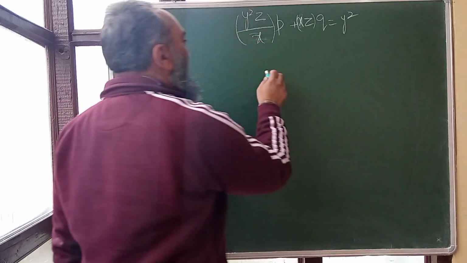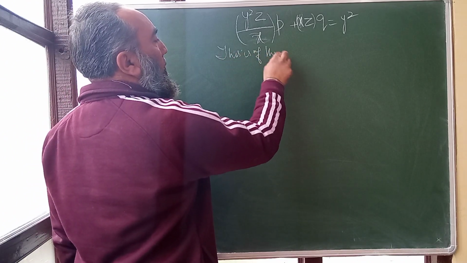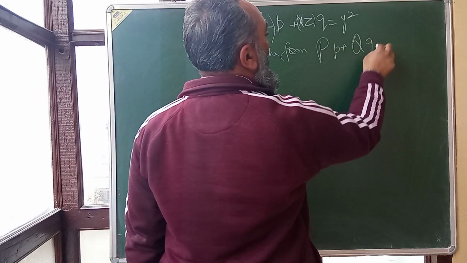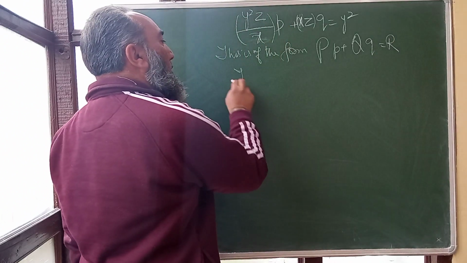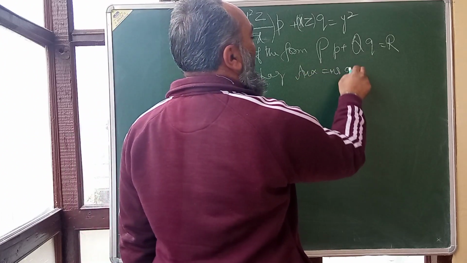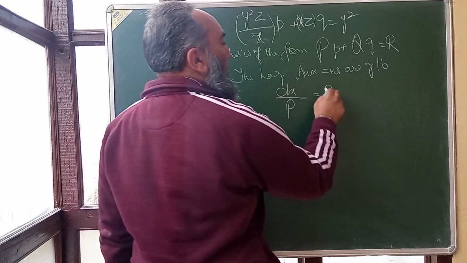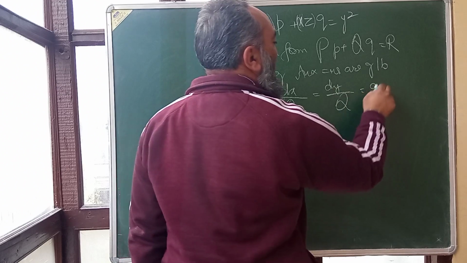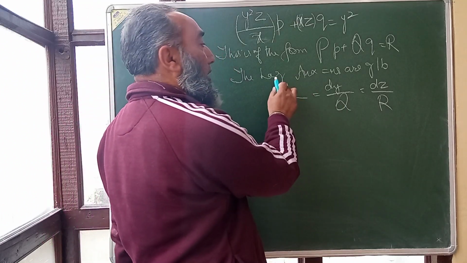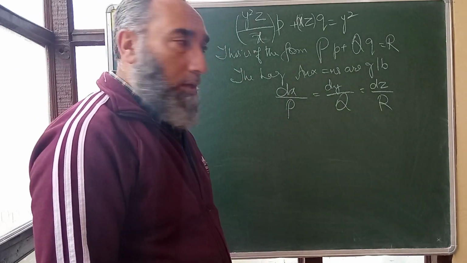This is of the form Pp plus Qq equal to R. The Lagrange's auxiliary equations are given by dx by P, dy by Q, dz by R. These are simultaneous equations, as you already are familiar with.